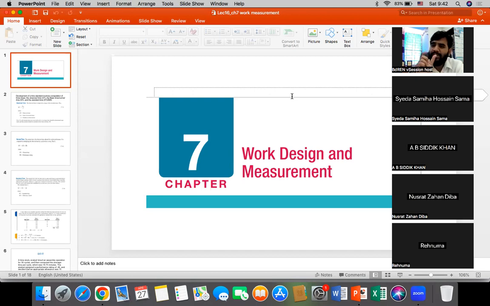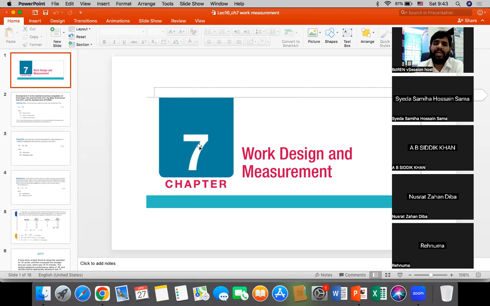These deviations are known as standard deviation, and there is a separate formula: square root of the summation of (xi minus x bar) whole square divided by n. Standard deviation means errors.